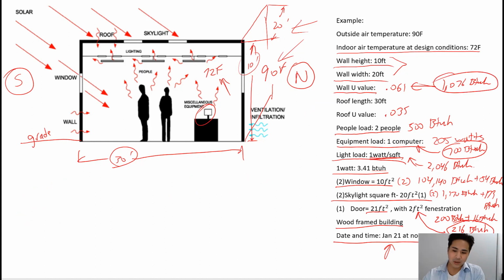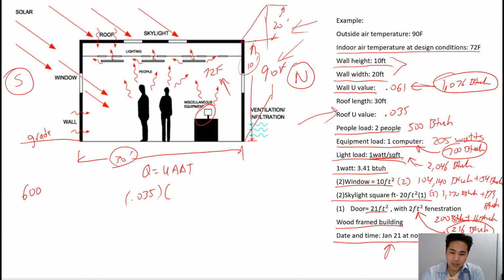Okay, now we need to calculate the conduction rate through the roof, just like we did for the wall. Now the formula is Q equals U A delta T, and the roof U value is 0.035, and the area is 30 times 20, so that's going to be 600.